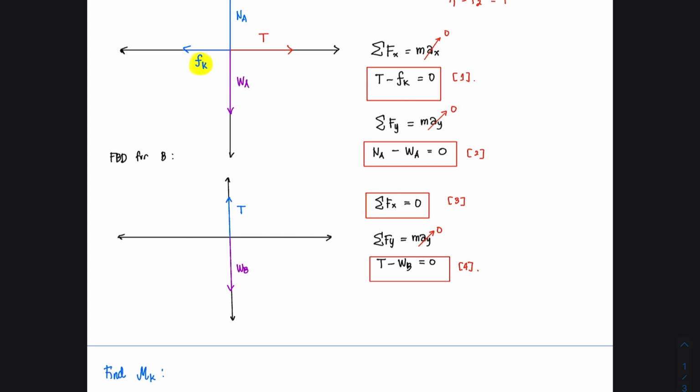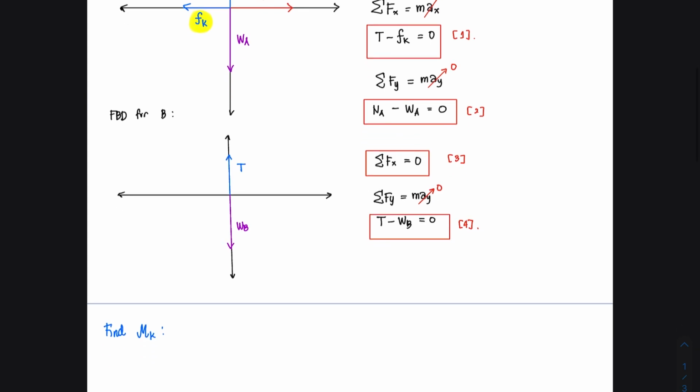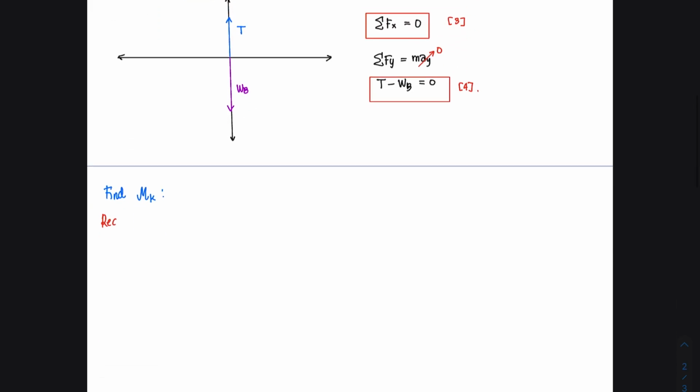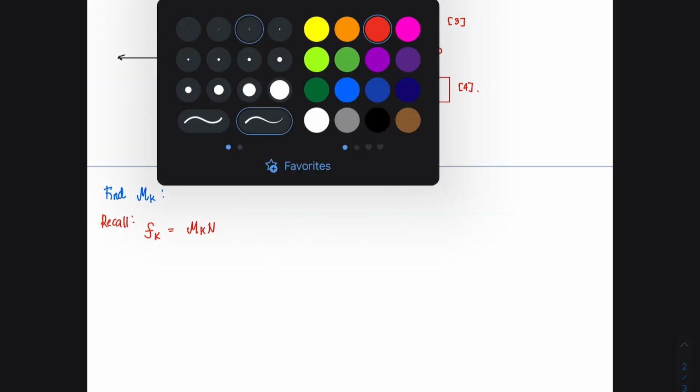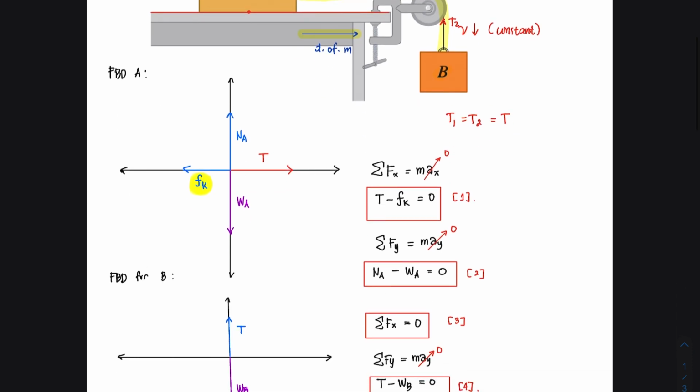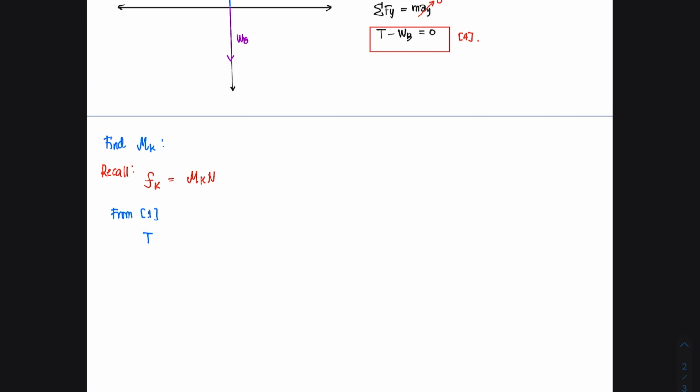Now, from equation 1, recall that your kinetic friction is just equal to your coefficient of kinetic friction multiplied by the normal force A. So this is telling you that from equation 1, if you try to look at it, T minus Fk is equal to 0. So T minus kinetic friction is equal to 0.